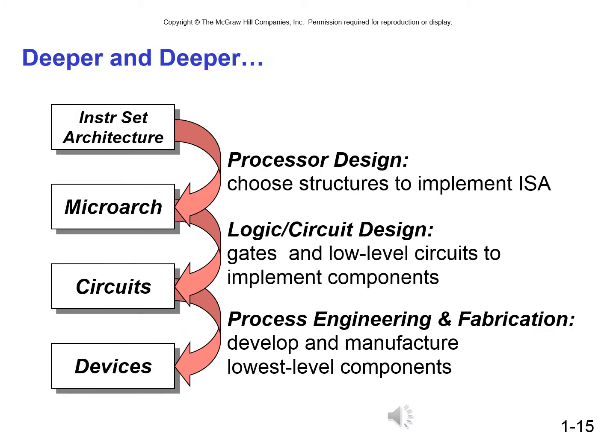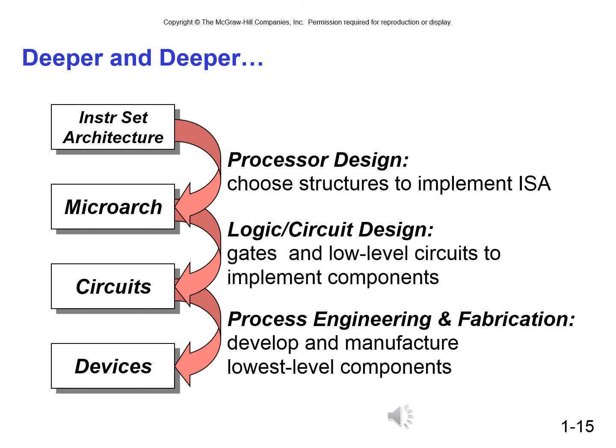If any of you had me for any of the prerequisite courses for this, you know we've talked about stepwise refinement, top-down design. So we could continue to decompose, if you will, each of those steps. So the instruction set architecture is the instruction set that the designer of the processor had in mind, had planned for the processor to be able to handle. And then we choose structures to implement the instruction set architecture. That's the microarchitecture.